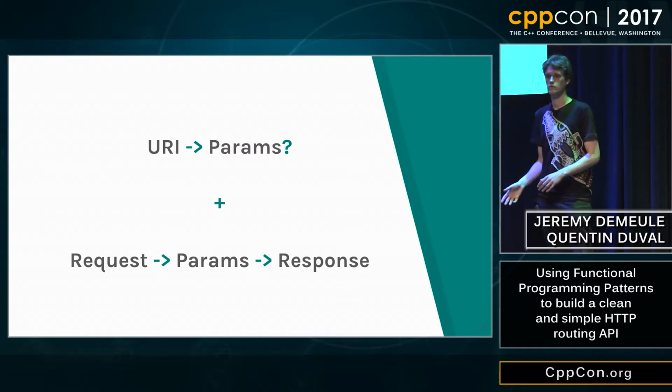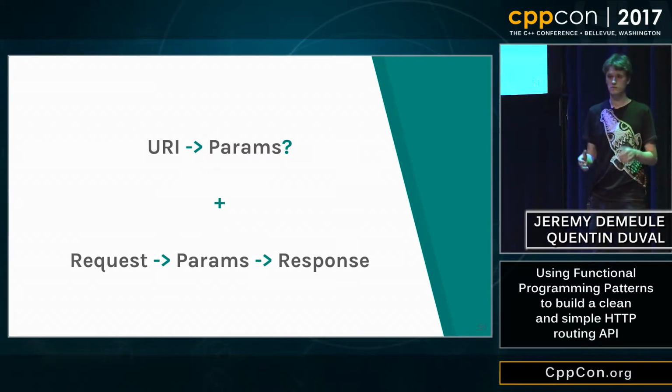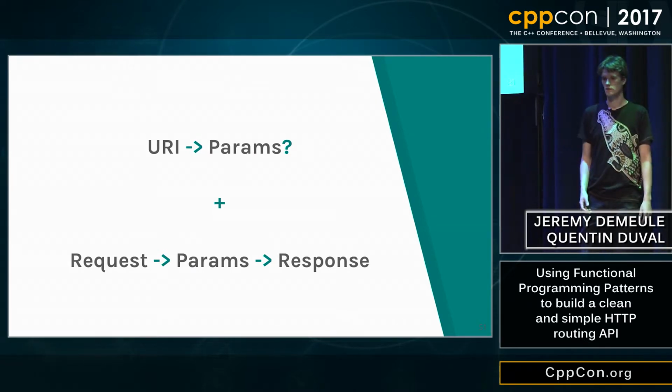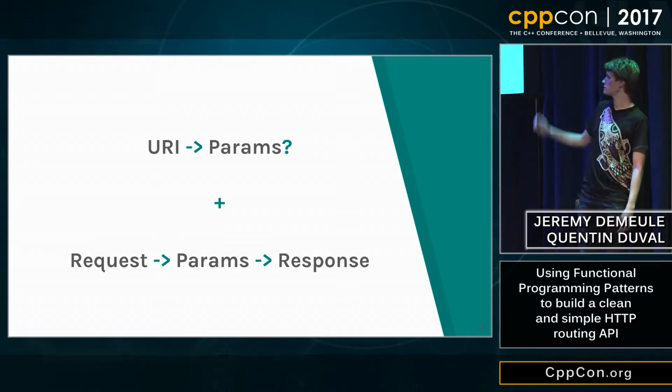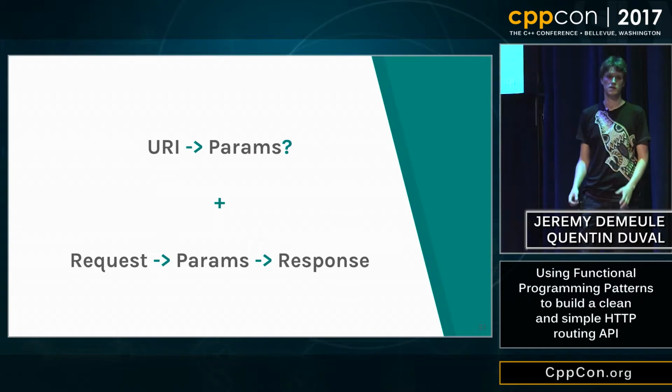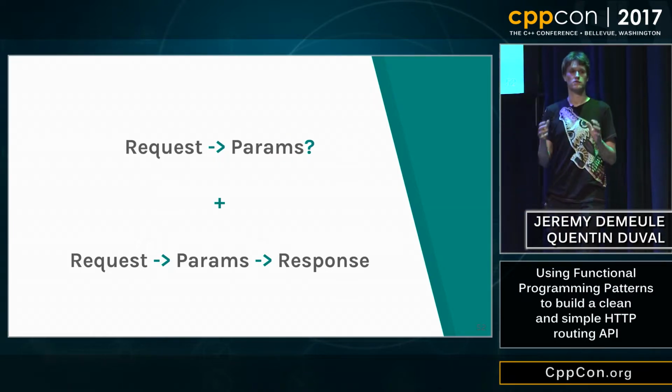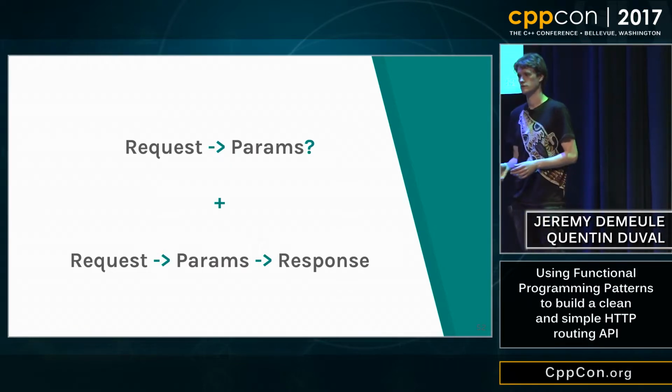To match them, we're going to transform these two equations, basically, to fuse them into one. So, the URI is inside the request. So we can transform the first function and say that, in fact, we're going to take a request and return an optional tuple of parameters.